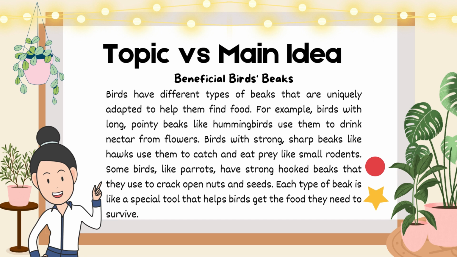Birds with strong, sharp beaks, like hawks, use them to catch and eat prey, like small rodents. Some birds, like parrots, have strong, hooked beaks that they use to crack open nuts and seeds. Each type of beak is like a special tool that helps birds get the food they need to survive.